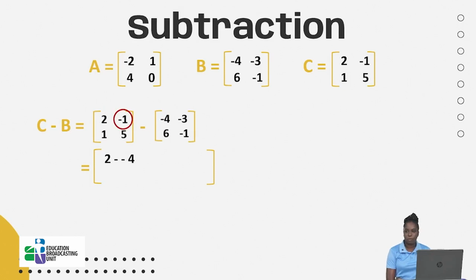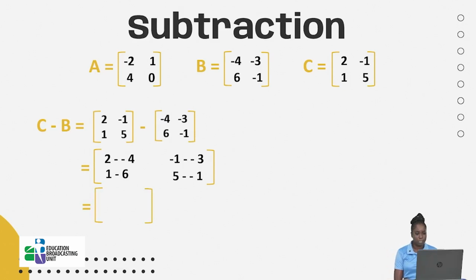The next position, we have negative 1, and we're minusing negative 3. And so we have negative 1 minus negative 3. 1 minus 6, and then 5 minus negative 1, and we're going to begin by simplifying from the first position.